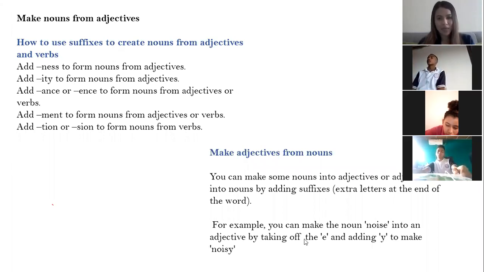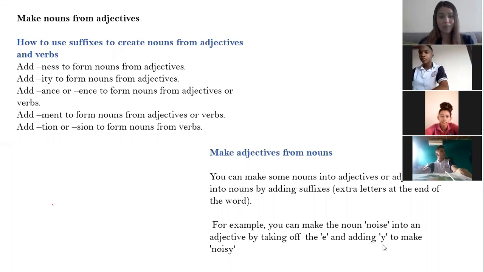So in that way, we transform or make an adjective from a noun. Aquí, noise, ruido, es un nombre, el ruido. Para convertir este nombre a un adjetivo, tenemos que quitar la letra E, que está al final de la palabra noise, y agregar la letra Y para hacer la nueva palabra que es noisy, ruidoso.